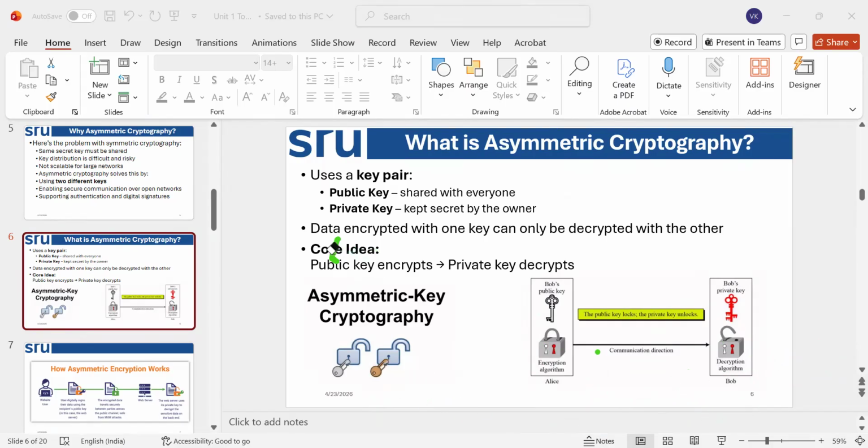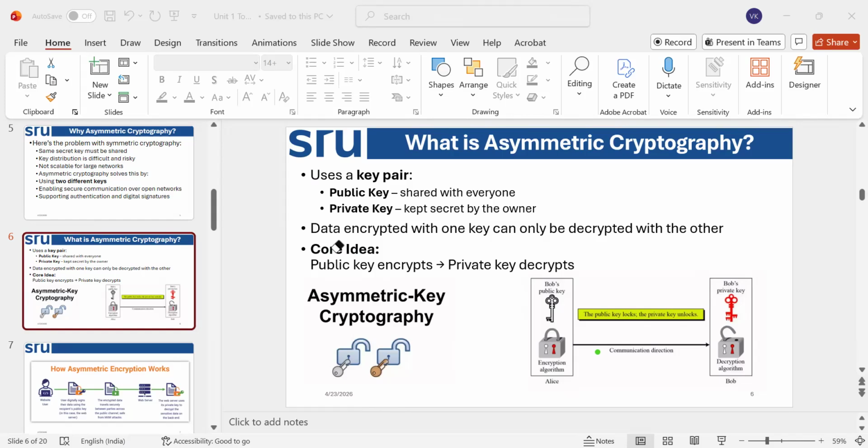So I hope we understand what asymmetric cryptography is. It is not symmetric, which means one key is not used for both encryption and decryption. If A wants to send a message to B, A sends it using B's public key, so that when the message reaches B, B can decrypt it using B's private key.